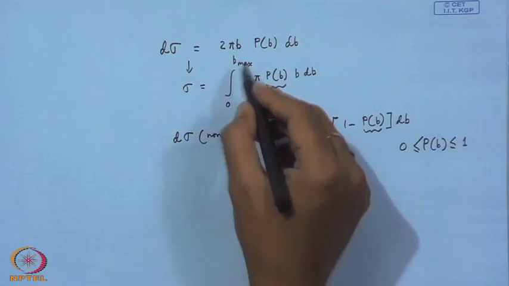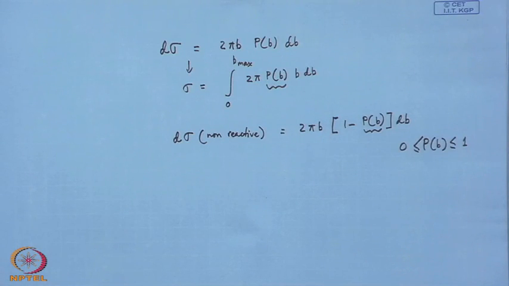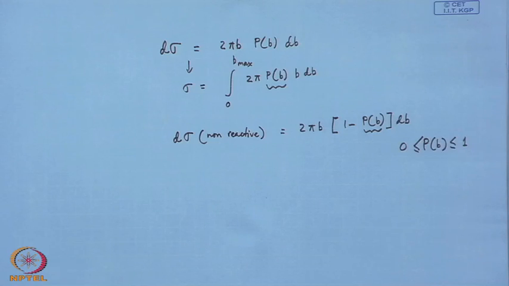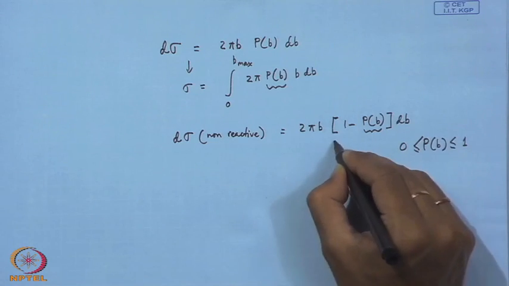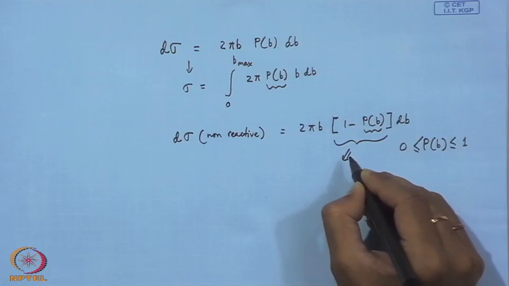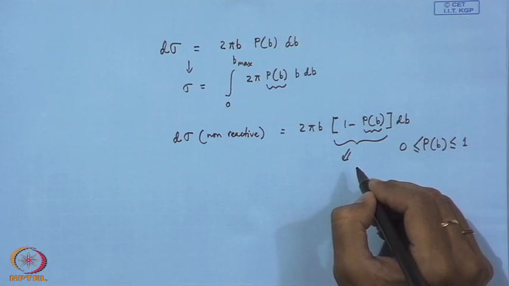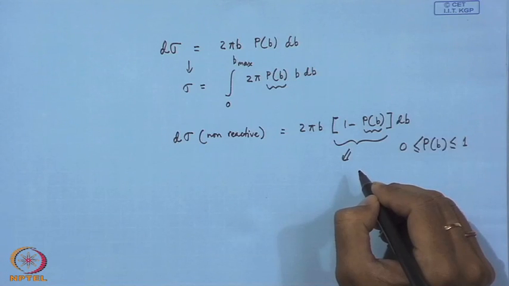So, this is the reactive cross section, and this is the non-reactive cross section. This factor is the fraction of collisions that are non-reactive with the impact parameter b.